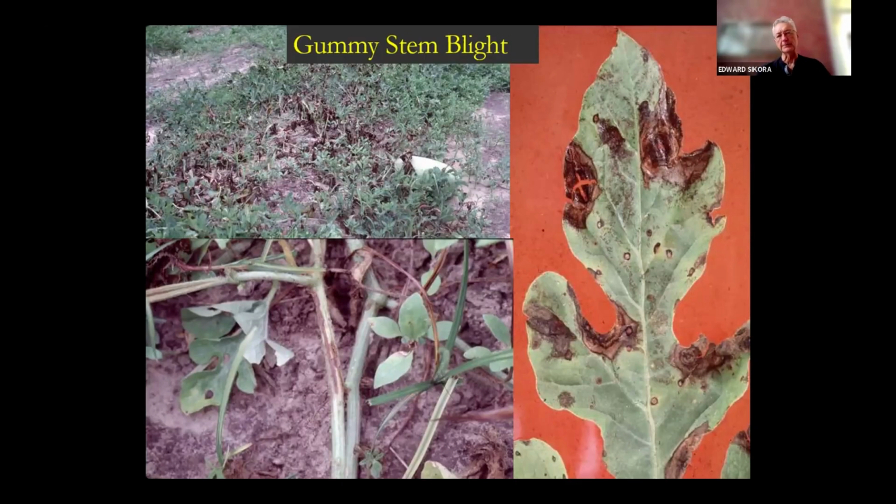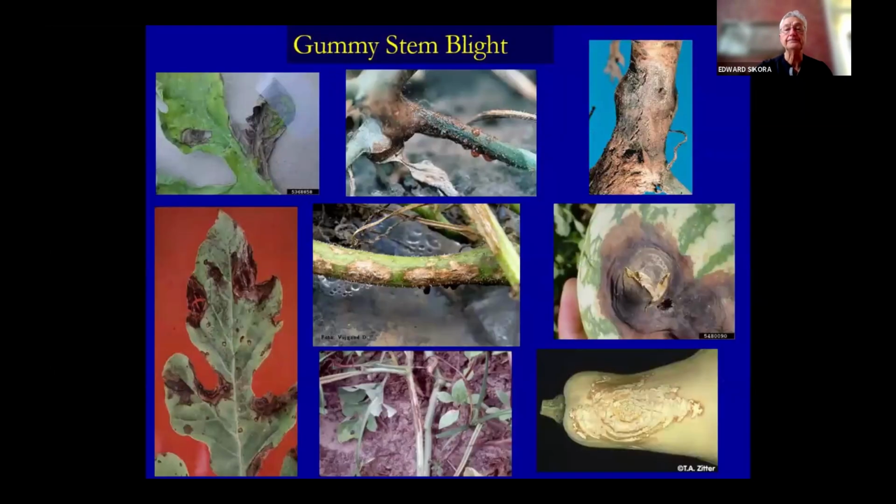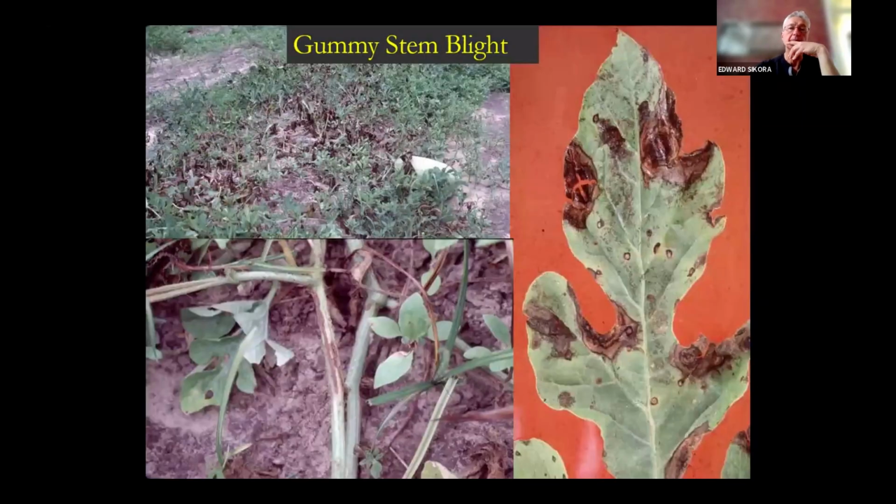This is where the stems will crack open under moist conditions, and you'll get a bacterial ooze coming out from that stem. What happens here is when those lesions on the stem completely girdle that branch, you'll get dieback to that site.